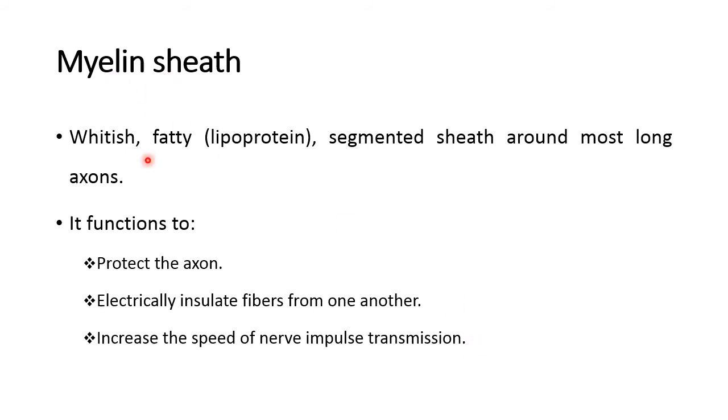So the myelin sheath protects the axon, electrically insulates the fibers, and increases the speed of nerve impulse transmission. This myelin sheath is segmented.